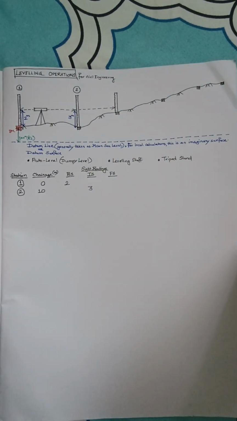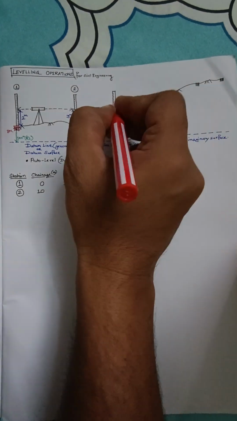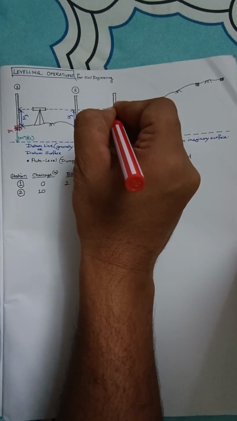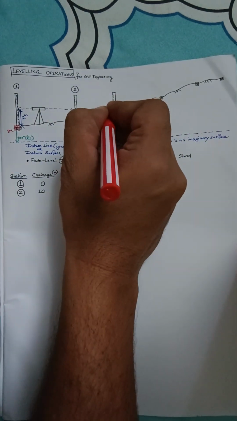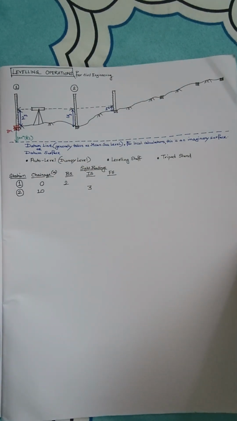Now obviously you will see that there is a small amount of staff reading which you still get. Obviously it is less than 2, less than 3. So let me consider it as say 1 meter. Again, these are just random numbers, not to be scaled. It is just for your benefit that I'm writing such rounded off numbers, okay?